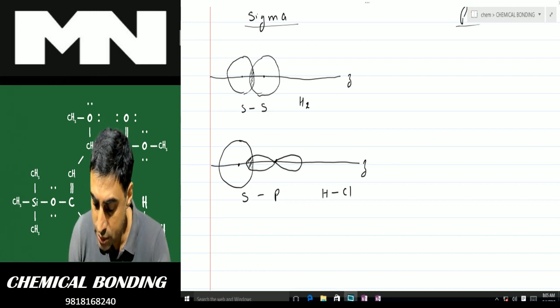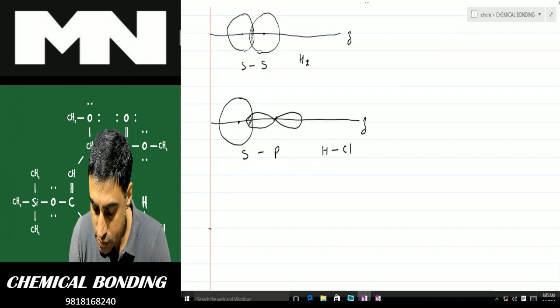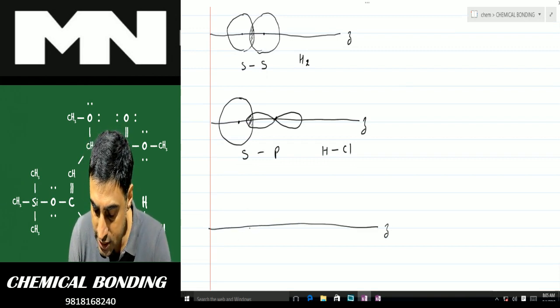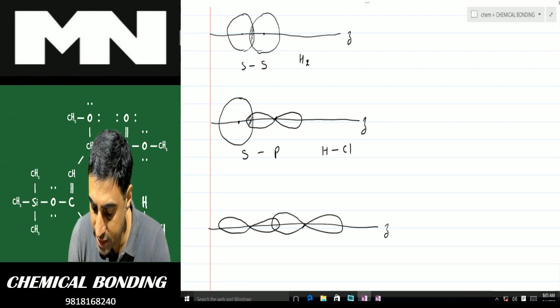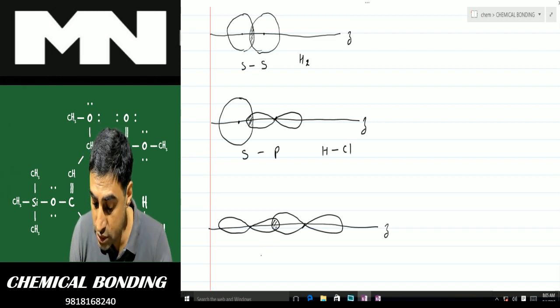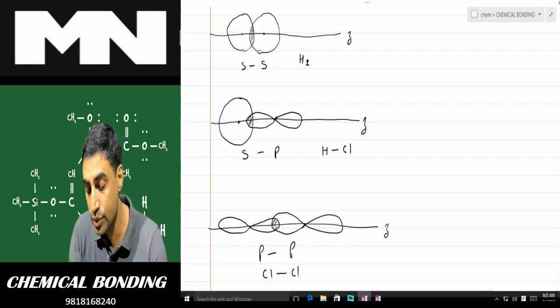So suppose here again, this is the z-axis. This is the p orbital of one of the chlorine atoms. This here again is a p orbital of another chlorine atom and they are overlapping head-on to form a bond. So here you will see that the bond is formed between p and p, that is Cl and Cl. So this is the Cl2 molecule.